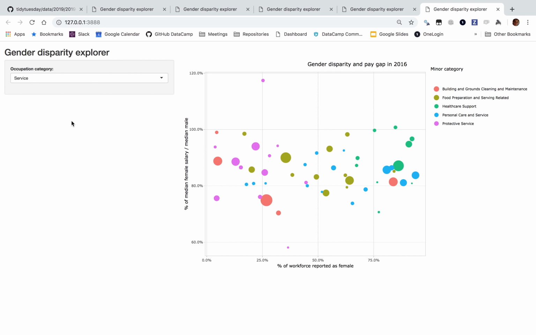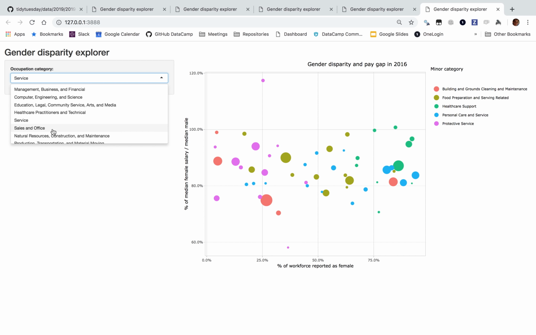How about within the service industry? There is not a correlation, but we definitely see it goes from healthcare support down to building, grounds cleaning, maintenance in terms of some areas that are female dominated or male dominated. But the wage gap doesn't show big differences between them.